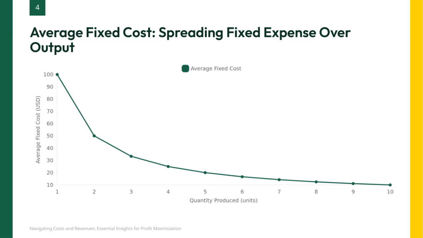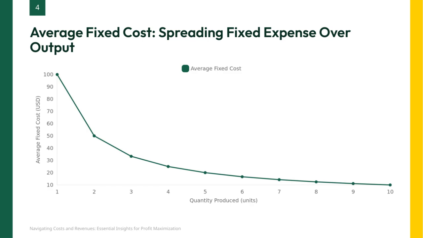Here we see a line chart illustrating the relationship between average fixed cost and the quantity of units produced. As production increases from 1 to 10 units, you can observe a clear downward trend in the average fixed cost per unit. This happens because fixed expenses, like rent or salaries, are spread over more units, reducing the cost burden on each individual unit.